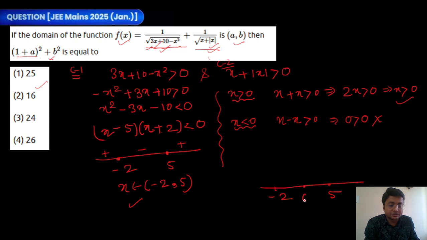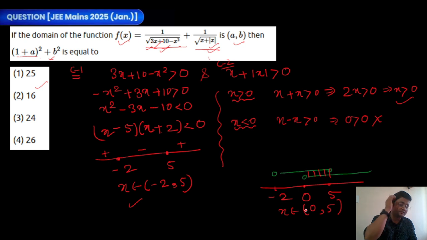Minus 2 to 5 with hollow circles, and here x greater than 0 means from 0 to infinity. Now we have to take the common part. Which is the common part? The common part is this only, (0, 5). So x belongs to (0, 5).